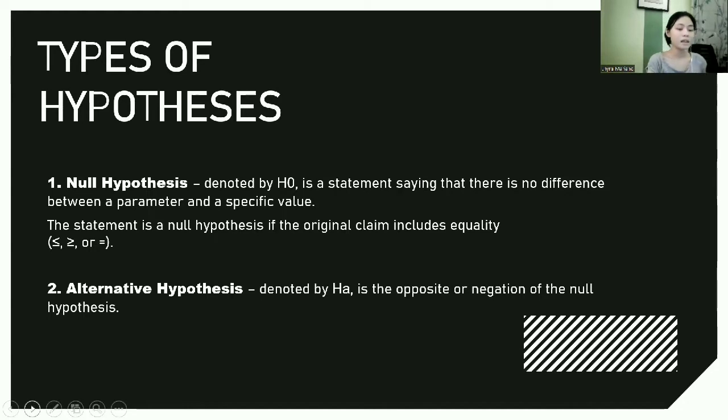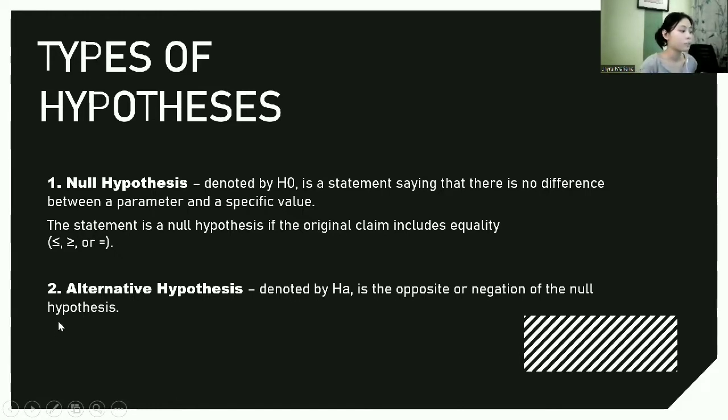So, madalas na makikita na symbol sa null hypothesis is yung equality symbol. Kung mapapansin nyo, ayan o, less than or equal to, greater than or equal to, and then yung equality sign. Next naman, yung alternative hypothesis. So, ano yung alternative hypothesis? Alternative hypothesis, it is denoted by the symbol H sub A or H sub 1. Yung ating alternative hypothesis, it is contrary sa ating null hypothesis.